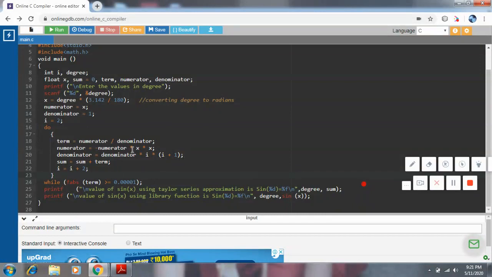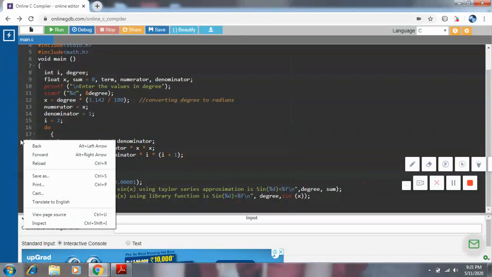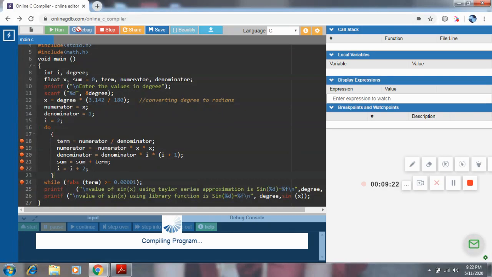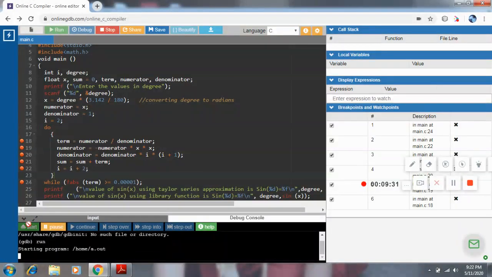Let me put some breakpoints and execute the program. Please observe the values on the right hand side.